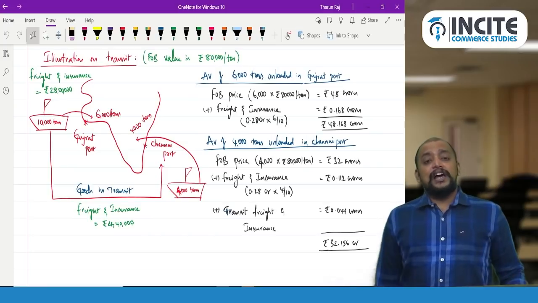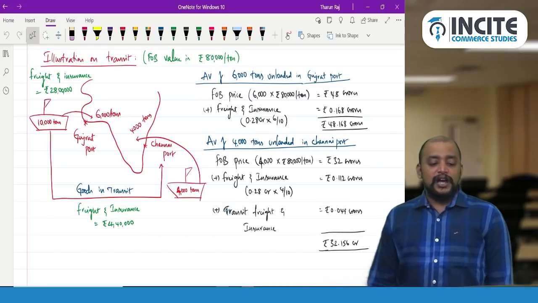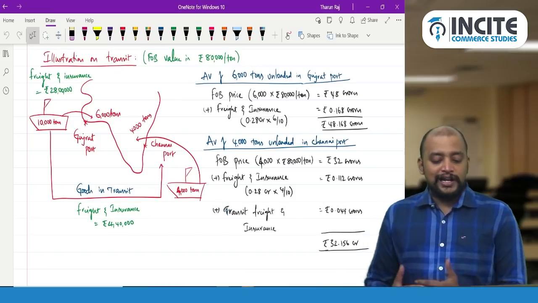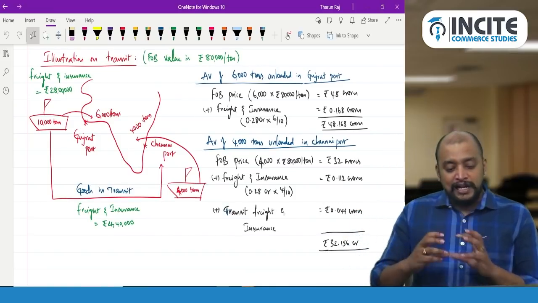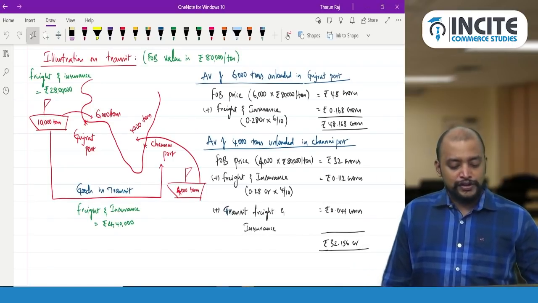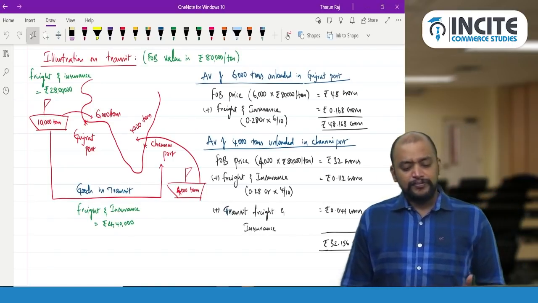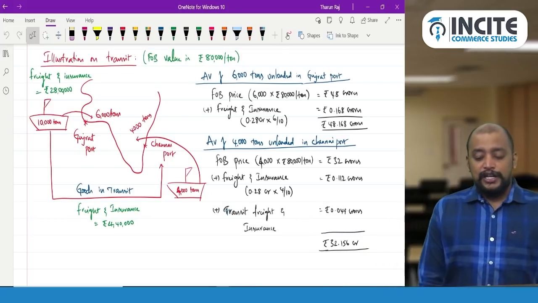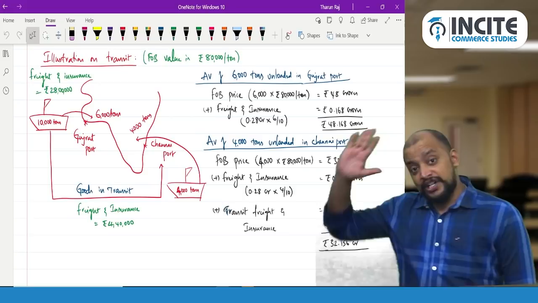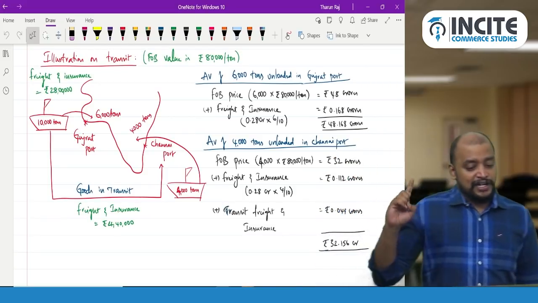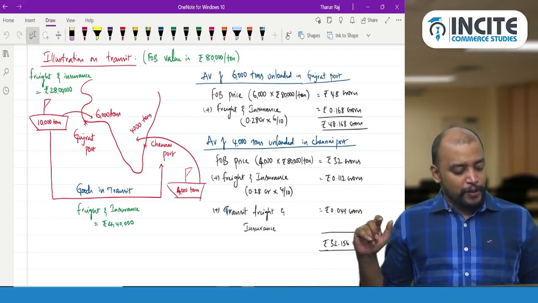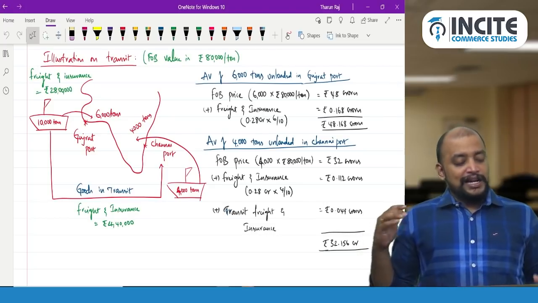What about the value of 4,000 tons which are unloaded at the Chennai port? First we need to take the FOB value. FOB value 80,000 into 4,000 tons, that will be 32 crores. Then add freight and insurance. Original freight and insurance is 28 lakhs, so out of that 0.28 crores into 4 by 10 will be related to Chennai port.